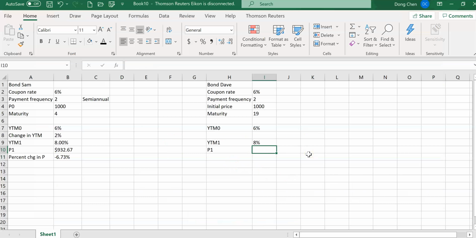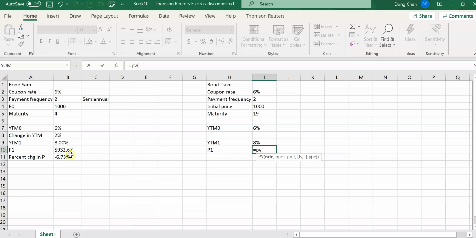And similarly, we can do the calculation for the other bond. Why don't I just quickly do similar things as I did here. So this equals PV, open parenthesis, and rate is the new yield to maturity, and then again I need to divide this by the frequency here.